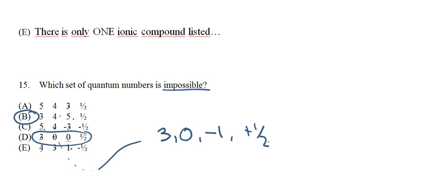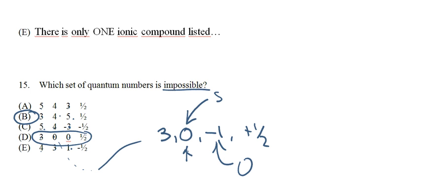Is that a legal set of quantum numbers? Hopefully you said no. The reason is this is an s orbital, and it only has an orientation of 0. Again, make sure you know what that number means.